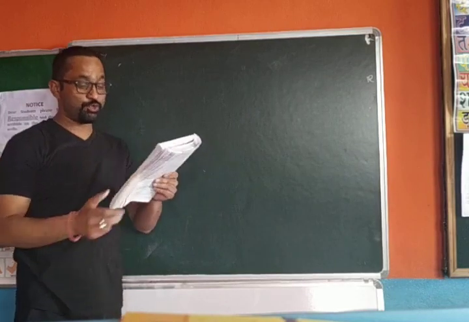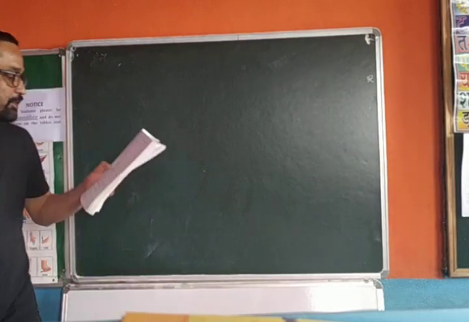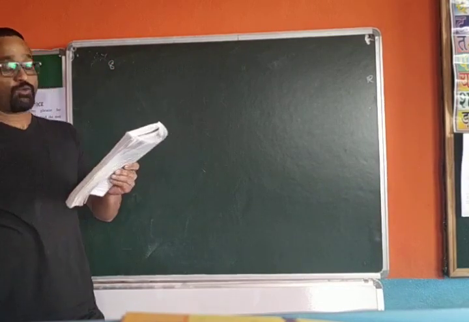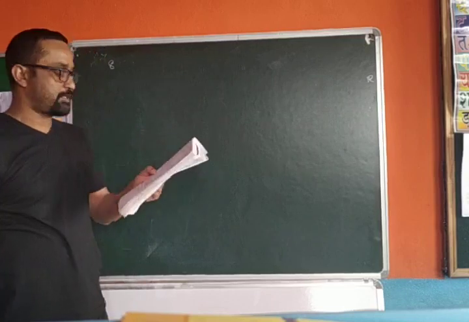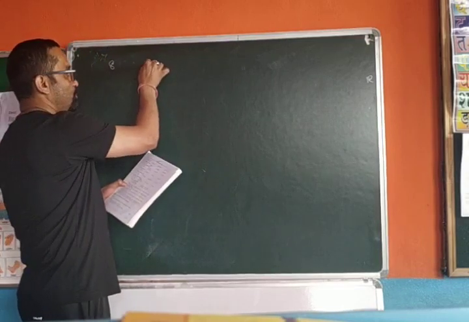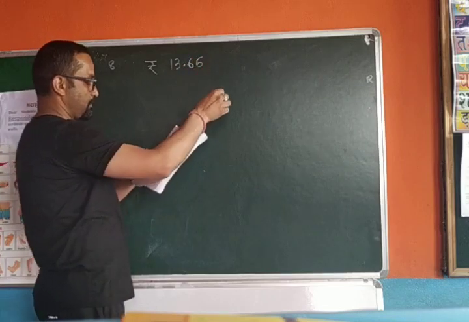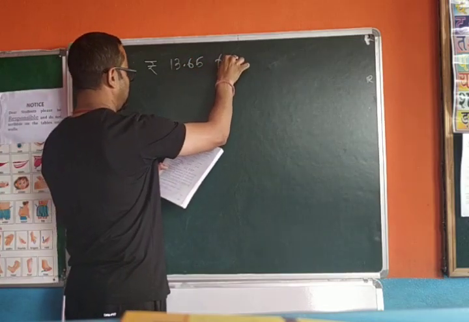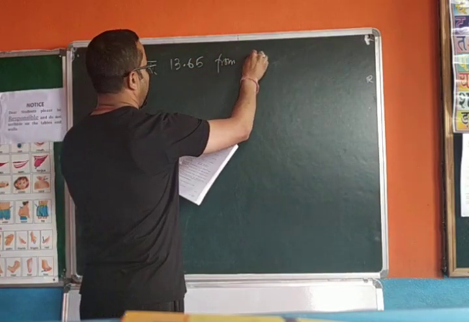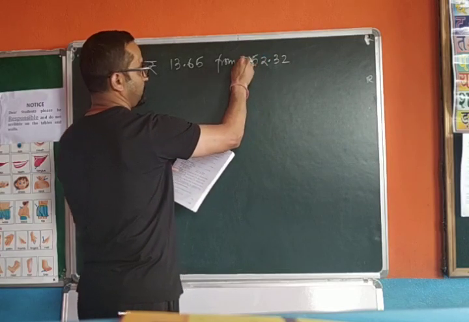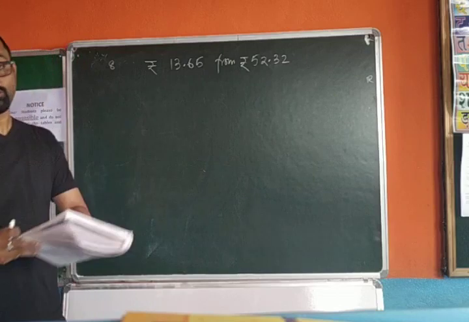So, let's do subtraction. Subtraction, that is number 8. The question says subtract rupees 13.65 from 52.32. So what do we do?